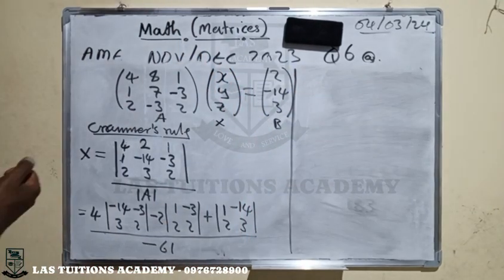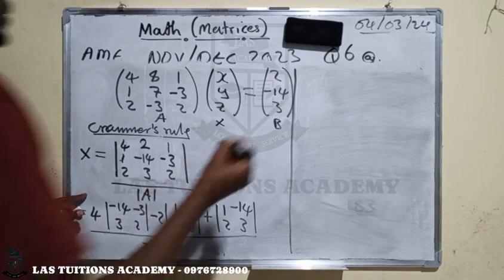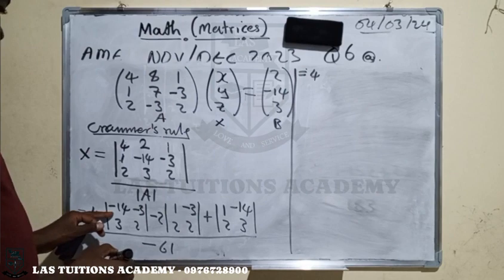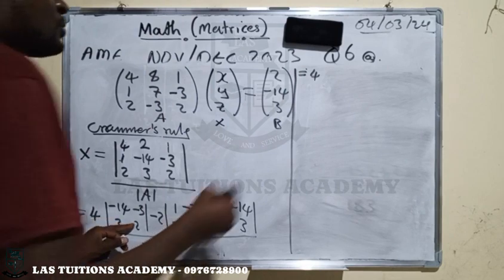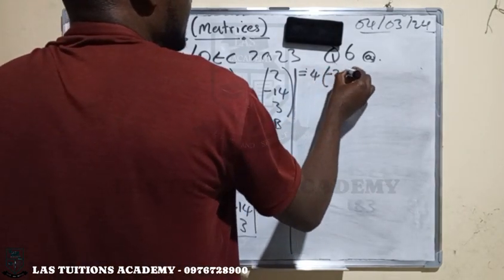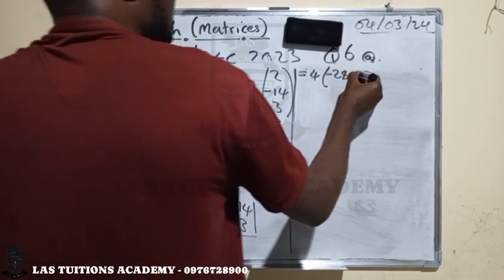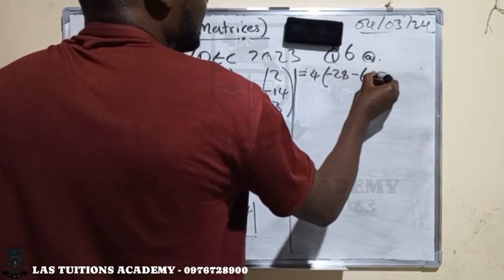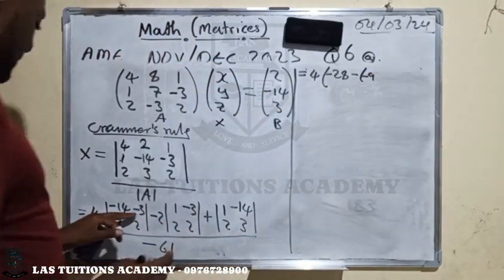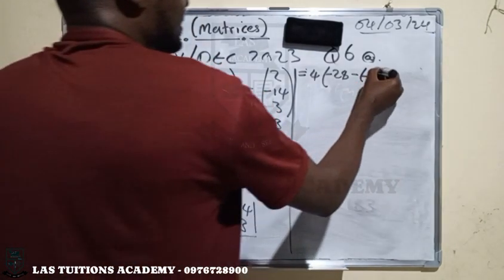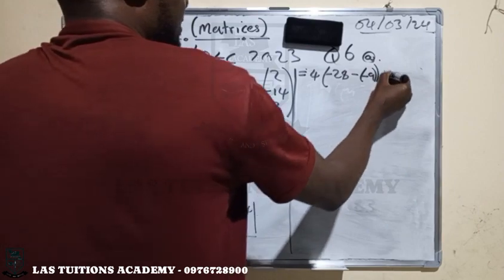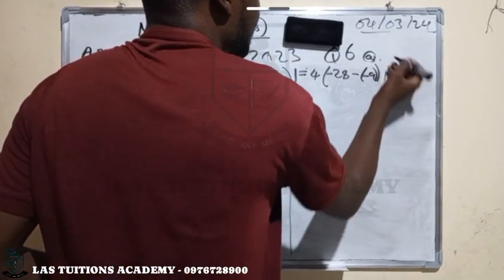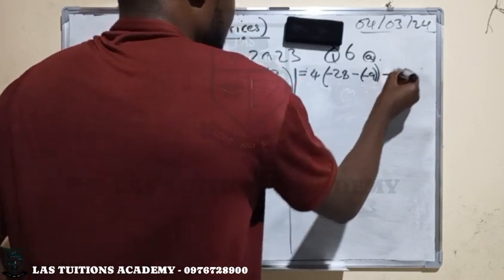So we are going to have 4. Then here we say negative 14 times 2, we get negative 28, minus negative 3 times negative 3, we get negative 9. Plus, or rather here it's minus, since we have minus 2.